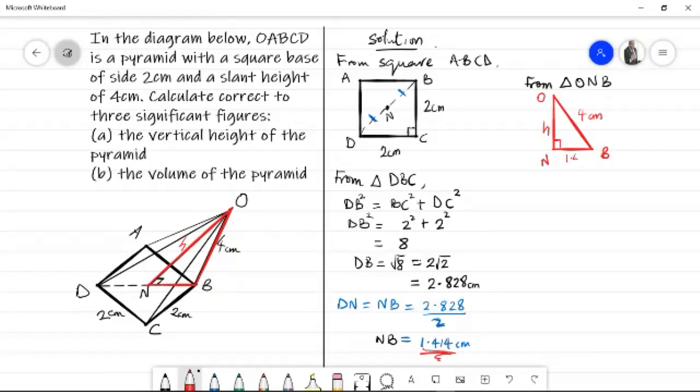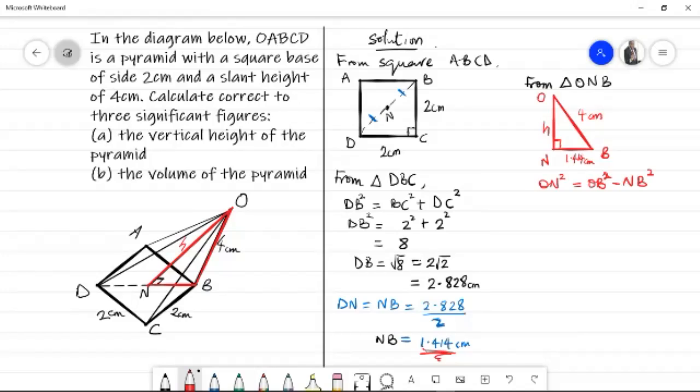Easily, we can calculate the value of ON because ON squared, by Pythagoras theorem again, is OB squared minus NB squared. I believe that is clear using your Pythagoras theorem.